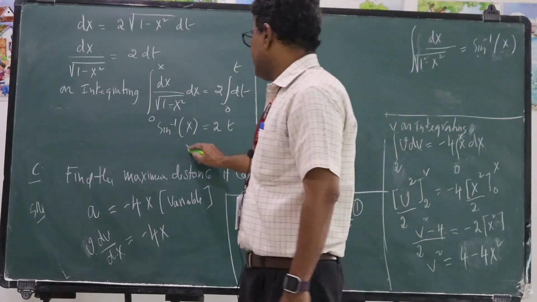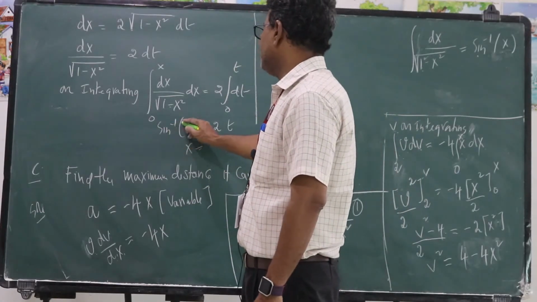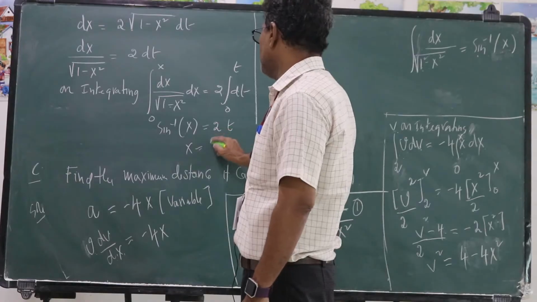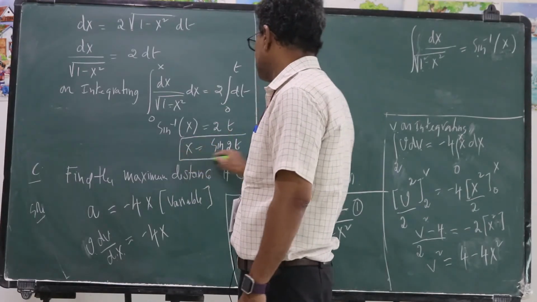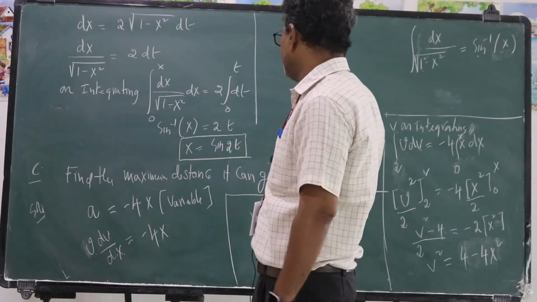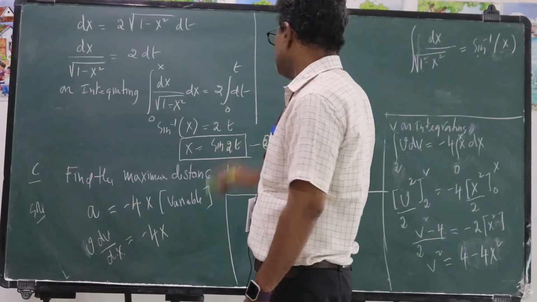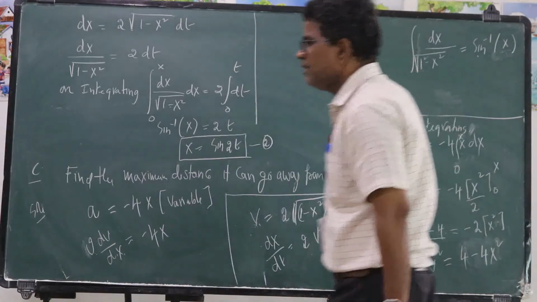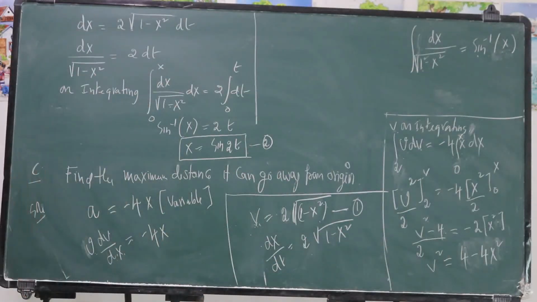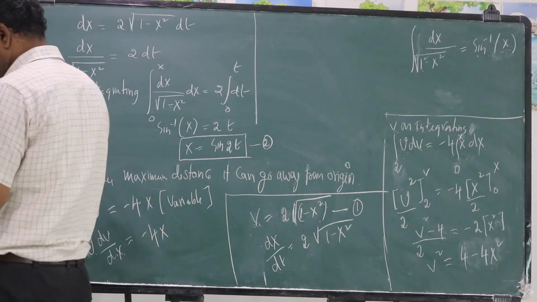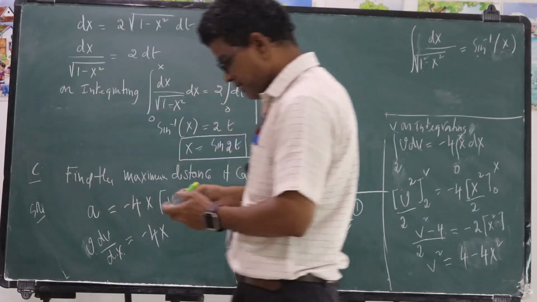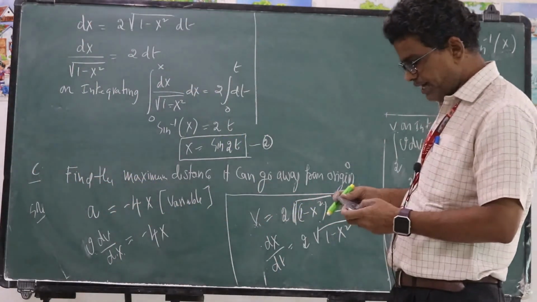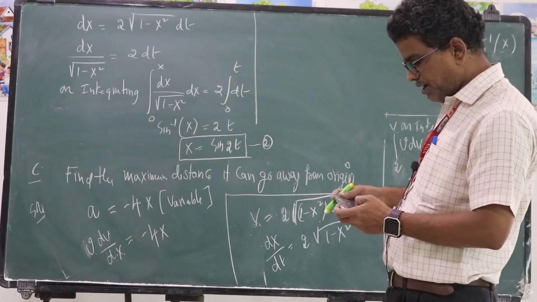That is, sine inverse x equals 2t, then x is equal to sine 2t. This is the answer for the second one: find the position as a function of time t.